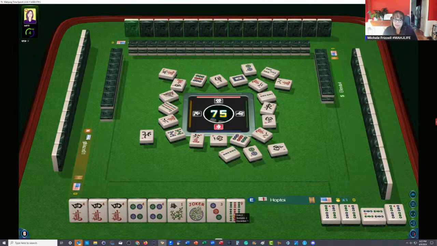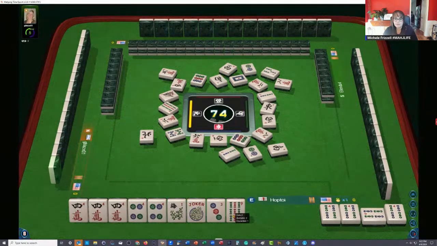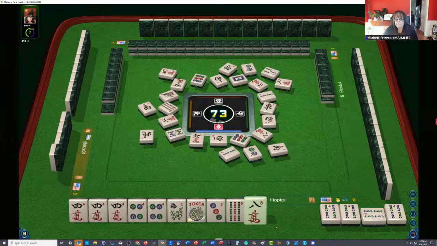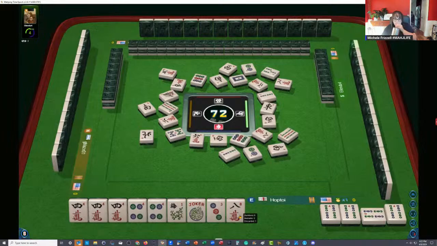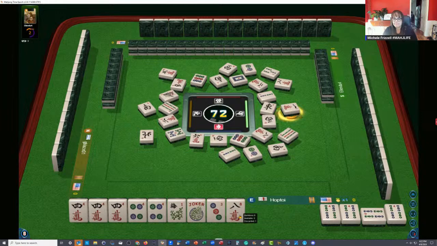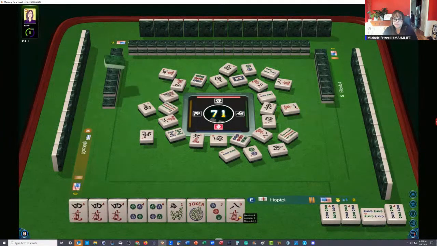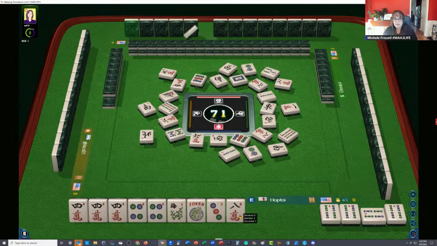So we have the potential for a double weight. West wind. South wind. We don't need a 9. 1 character. Five bamboos.